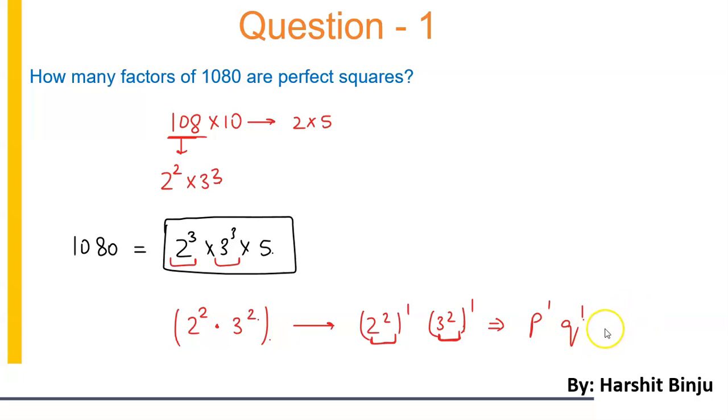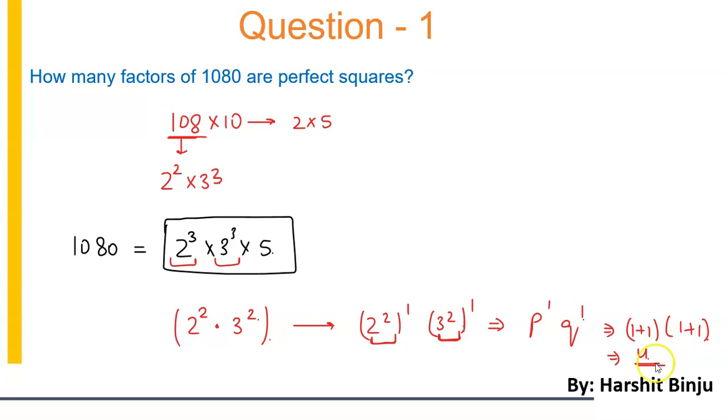So the total number of factors will simply be 1 plus 1 into 1 plus 1, because 2 square has a power of 1 and 3 square also has a power of 1, which will give me a total of 4 factors. So there will be 4 factors of 1080 which are perfect squares.